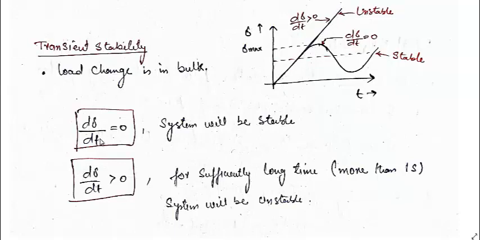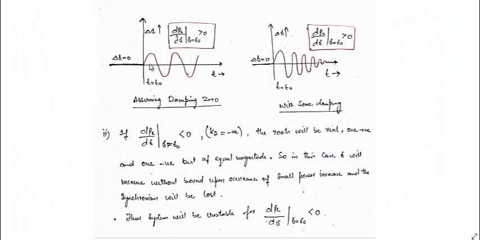But if dδ/dt is equal to 0, that means here we show its oscillating nature. When dP/dδ is greater than 0, it is oscillating in nature, and dδ/dt at this point will be 0. When it has some 0, that means maximum value, it is then decreasing also.